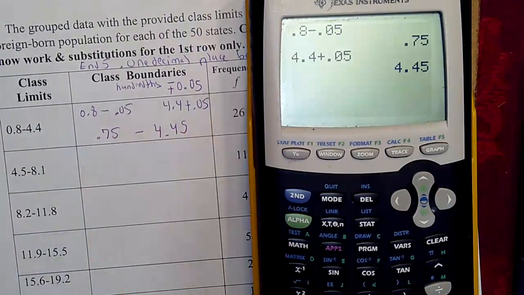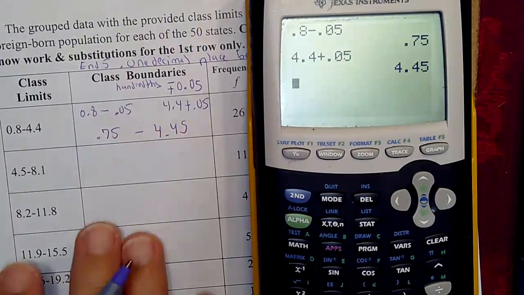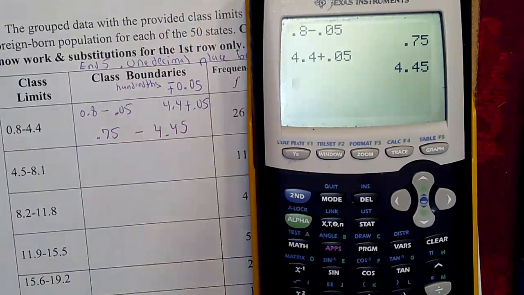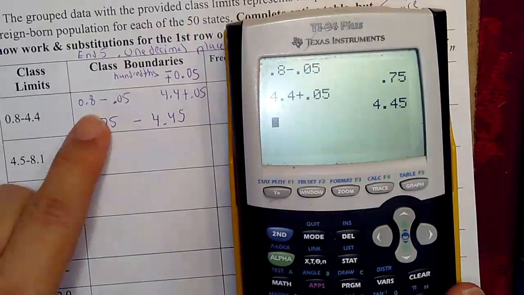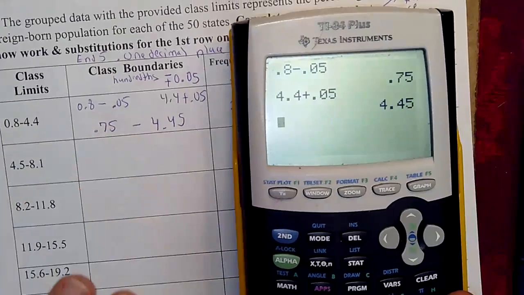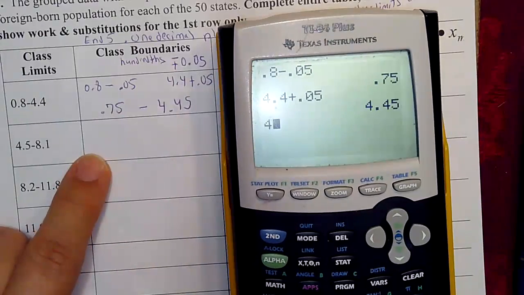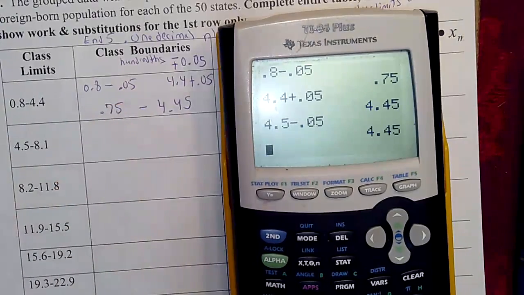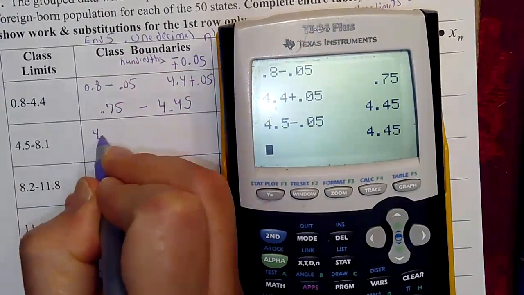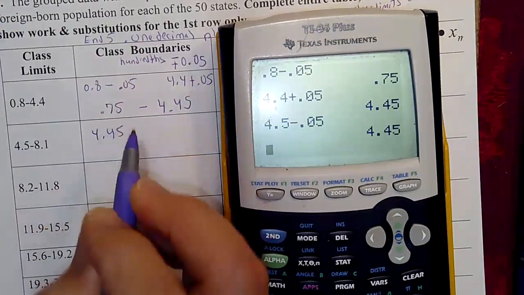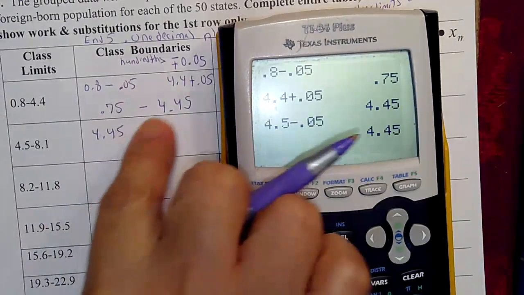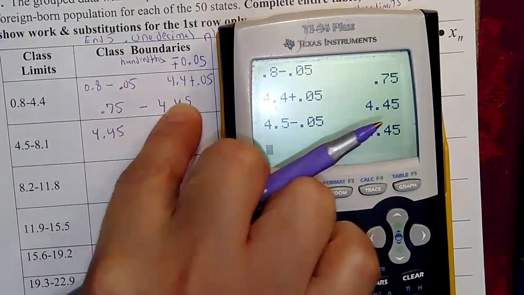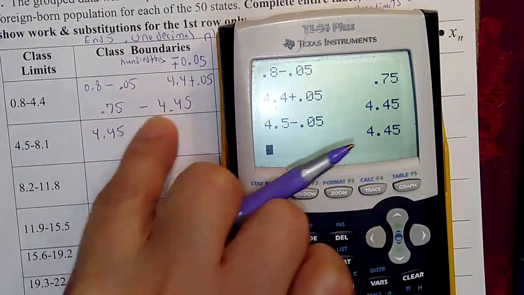Then you would continue that and get the rest of these. You don't have to show this part in the calculator anymore. You can just say, now this is 4.5 take away 0.05, and that gives you 4.45. And remember, these should match. You can save time if you remember that it's okay for the class boundaries to match.